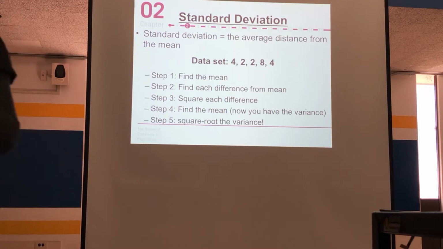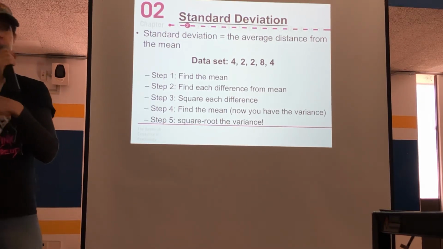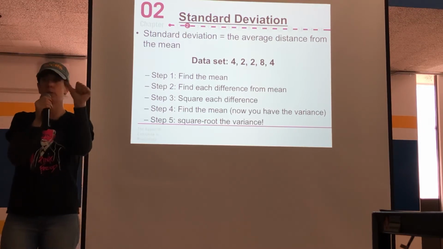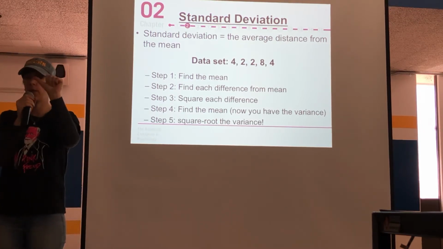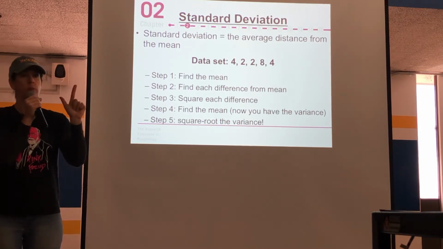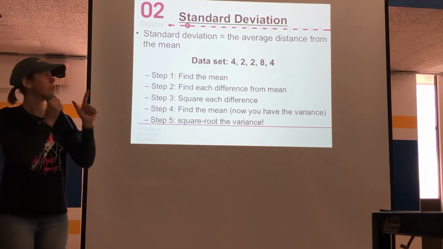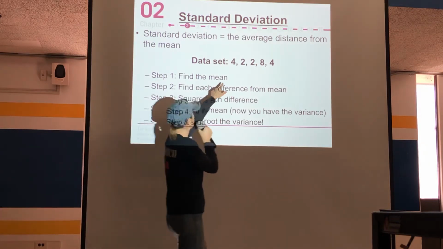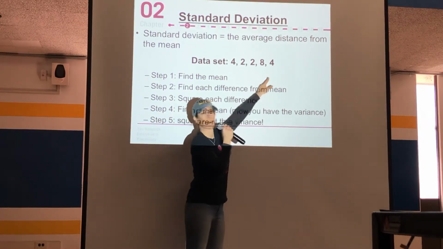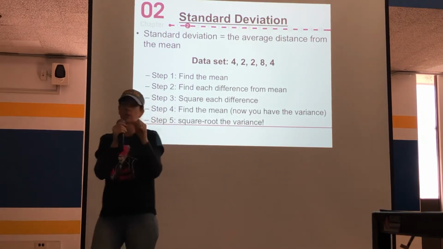Standard deviation. What's a mnemonic? Mean dog, square, mean roots. Mean. What's the first thing? Find the mean of the whole data set. Dog. What does D stand for? Find the difference. So if the mean is 4, it's minus 4, minus 4, minus 4, minus 4, right? Okay, difference.